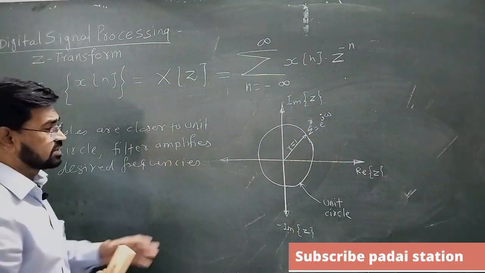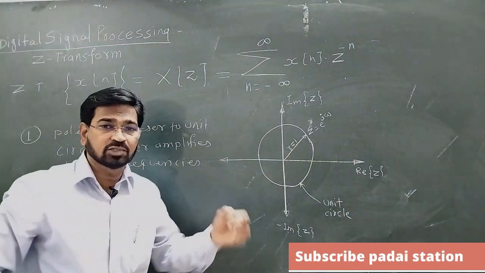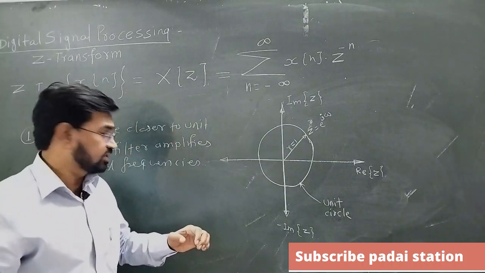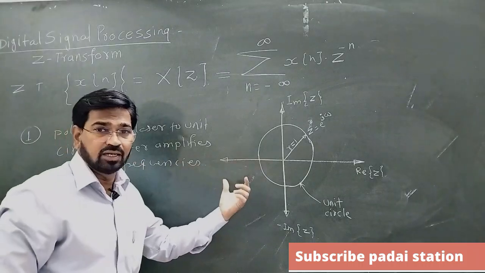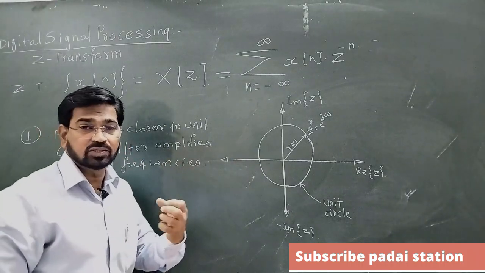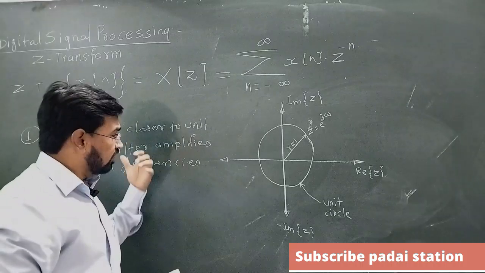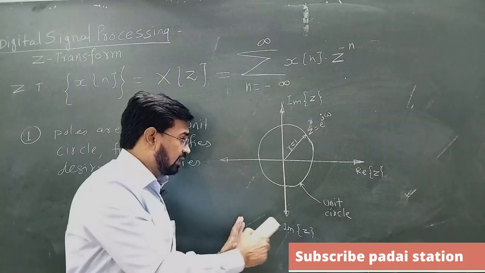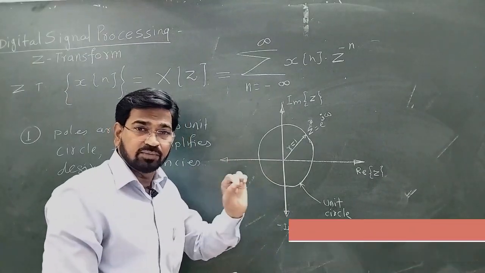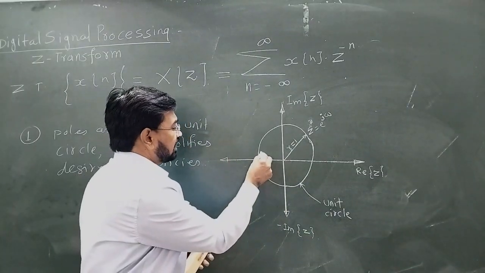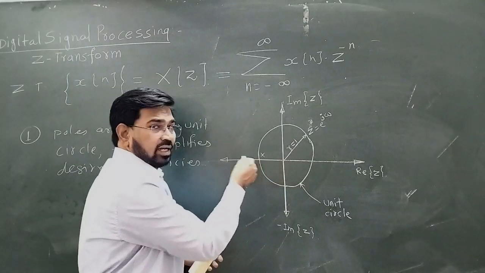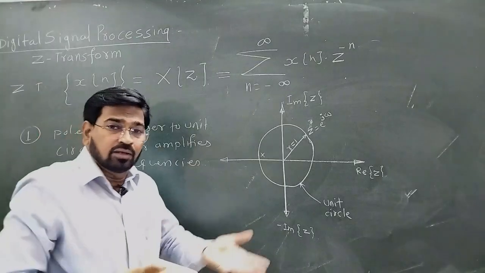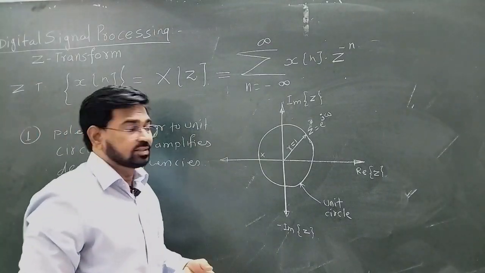Filters are designed to pass some frequencies or to attenuate, to stop some frequencies. By using the unit circle, when we have the transfer function of the digital filter, from that we can locate the poles on this Z plane on the unit circle. If the pole is closer to the unit circle, it means the filter is amplifying the desired frequencies.